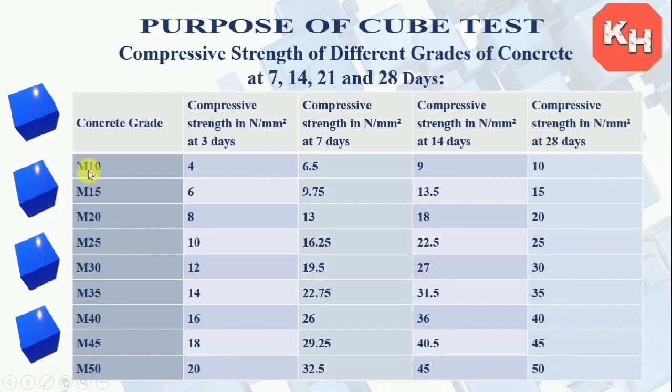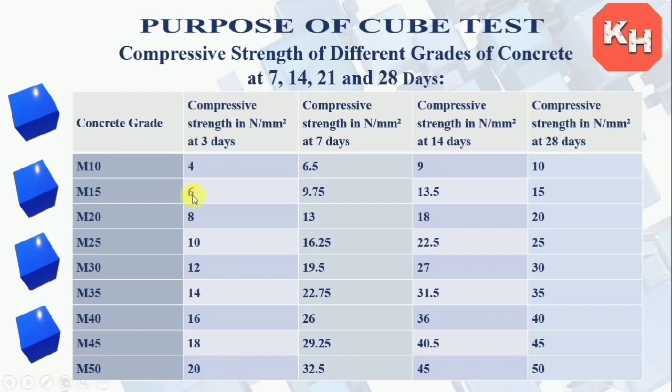Now we see for M10: in 3 days it achieves 4 Newton per millimeter square, in 7 days it achieves 6.5 Newton per millimeter square, in 14 days it achieves 9 Newton per millimeter square, and in 28 days it achieves 10 Newton per millimeter square.